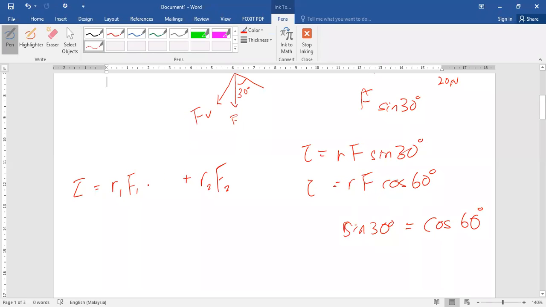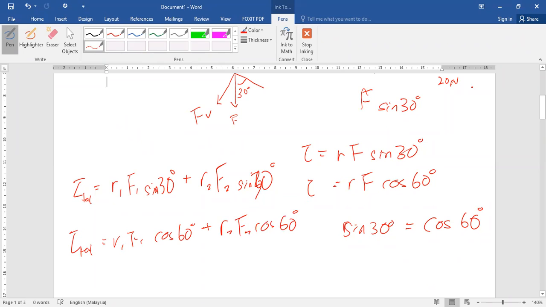Okay, you want to use sin 30, or you want to find the total torque equal to R1 F1 cos 60 plus R2 F2 cos 60, that will do. Don't make any problem now. Just like that, enough. So both of them will do.